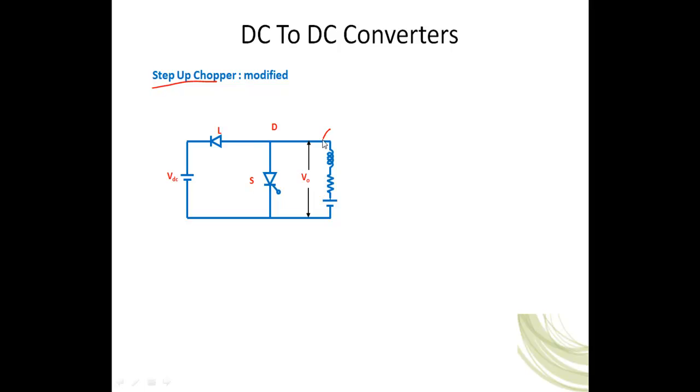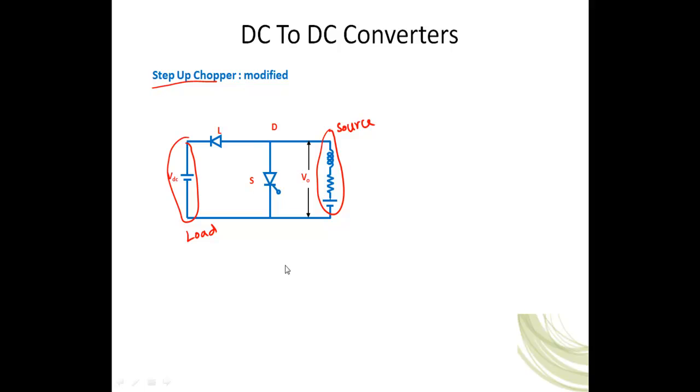That means now this will be operating as a source, and this will be acting as a load. The operation will be the same, nothing different. Only the source and load are interchanged.